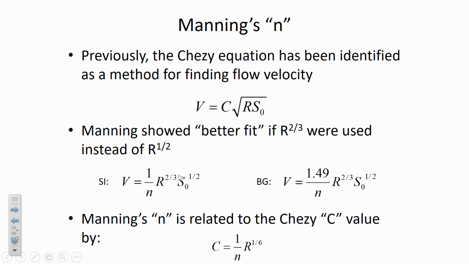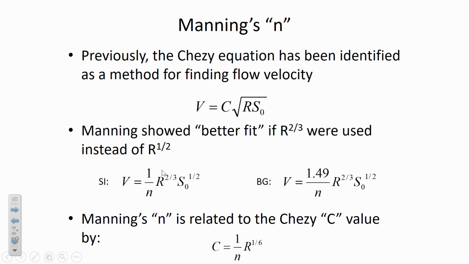Combining this with the area, it becomes area to the 5/3 power, slope to the 1/2 power, divided by n times P to the 2/3 power. So that's how you would find the flow rate. This is just an alternate way of expressing Manning's equation if you want to know the flow rate instead of the flow velocity.